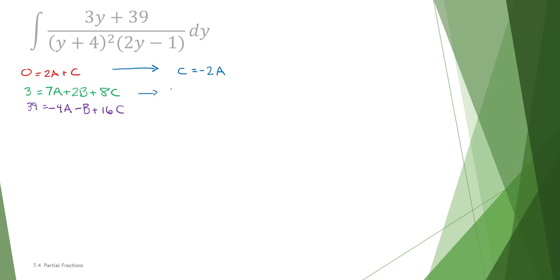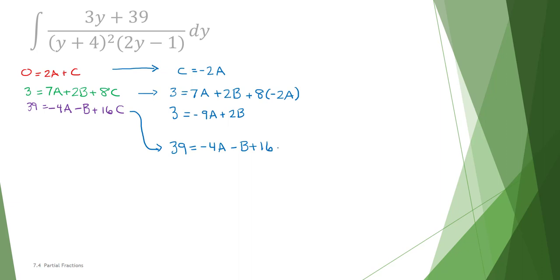So my second equation becomes 3 = 7A + 2B + 8(-2A), or in other words, 3 = -9A + 2B. Similarly, my third equation becomes 39 = -4A - B + 16(-2A), or in other words, 39 = -36A - B.